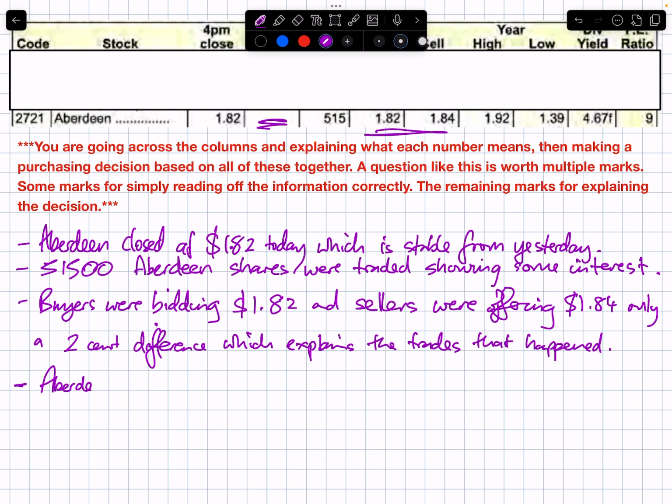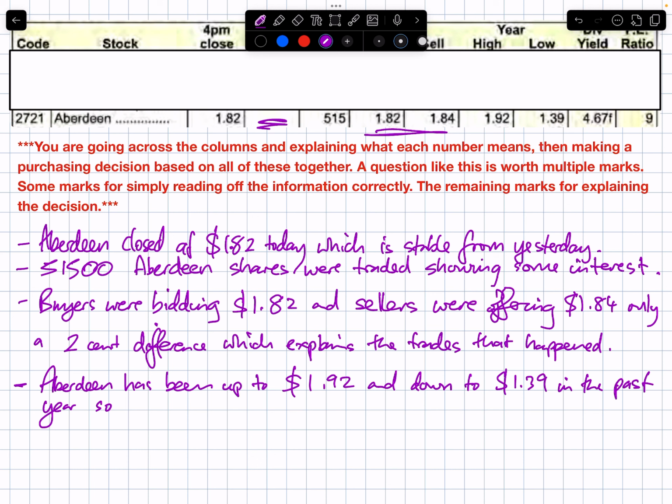Aberdeen has been up to $1.92 and down to $1.39 in the past year. So the price today is on the high side.